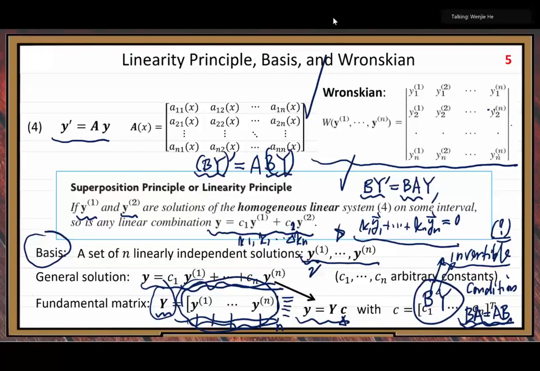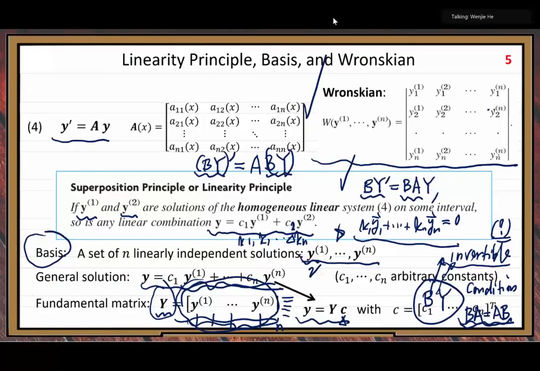And we know the Wronskian of a fundamental matrix can never be zero, right? Yeah, because they are formed by basis functions, basis solutions, linearly independent.